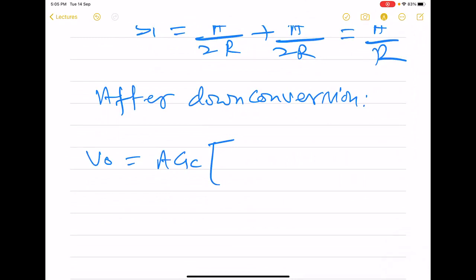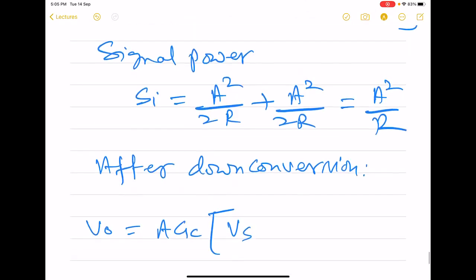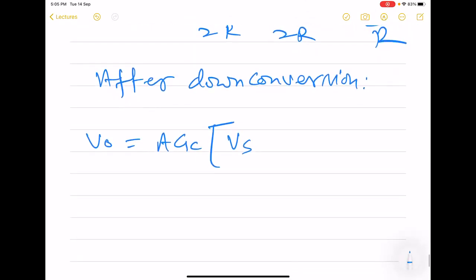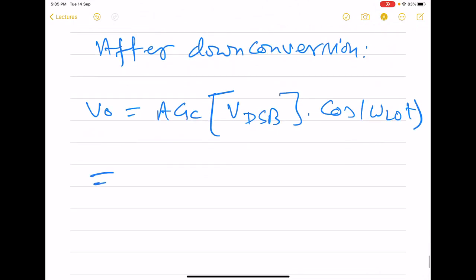So in short, when we complete this, we are going to get four factors.